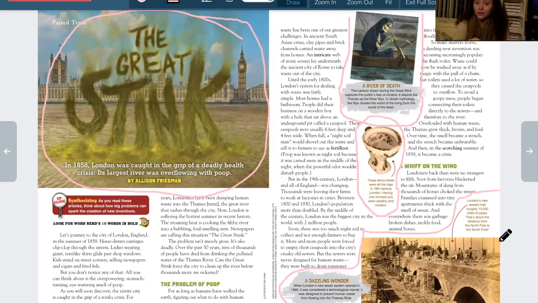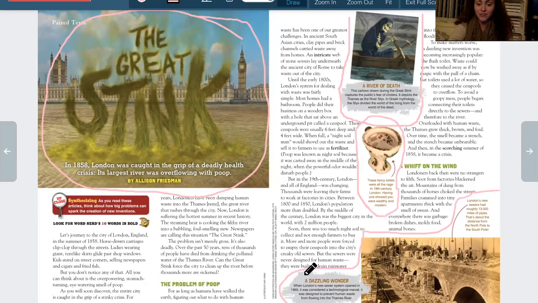Okay, so now they are talking about the sewer system, the plumbing system, and they had miles and miles of pipes. Like they said, from the North Pole to the South Pole, that's a lot of pipe. And a dazzling wonder: when London's new sewer system opened in 1865, it was considered a technological marvel.